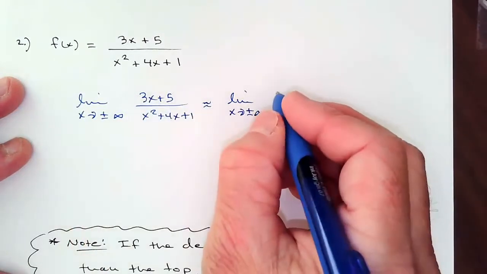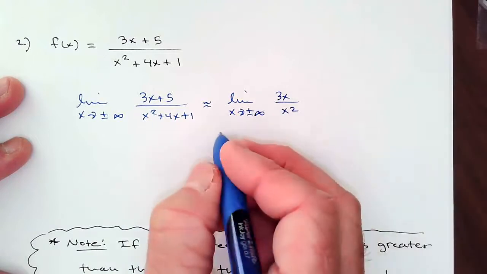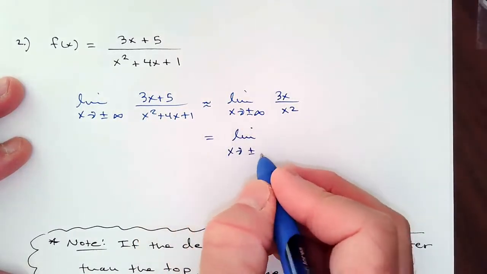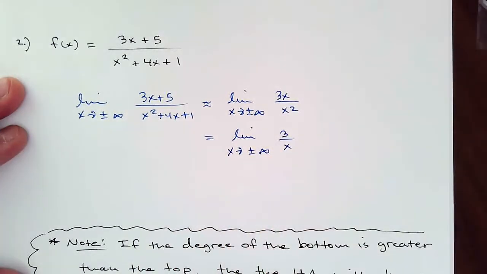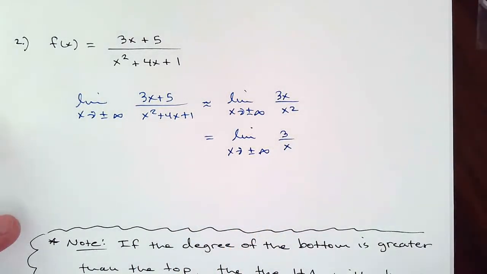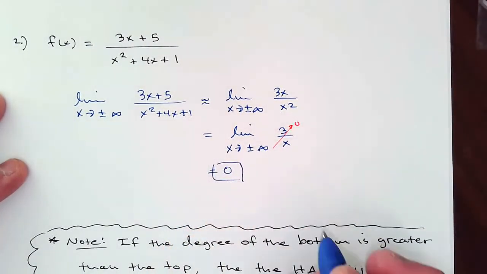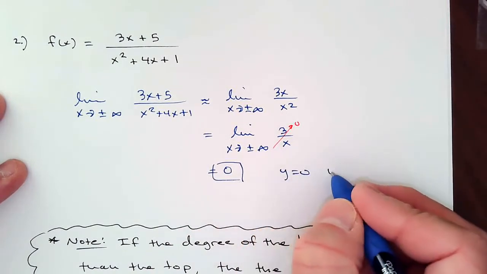My biggest term on the top is just 3x. On the bottom, it's x squared. But what does this equal if I reduce that? 3x over x squared is the same as 3 over x. And if x went to infinity or negative infinity, this is just going to go to 0. So my horizontal asymptote would be y equals 0.